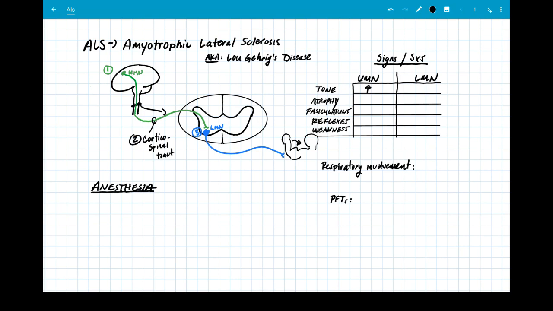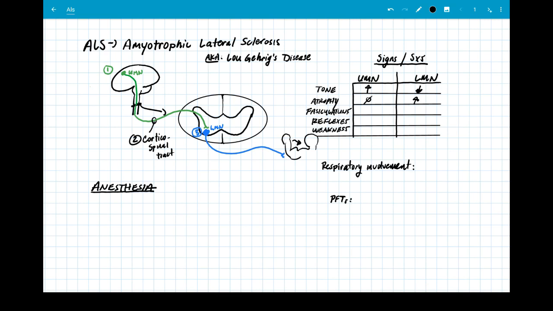With lower motor neuron, they have a decrease in tone. For atrophy, typically patients with upper motor neuron diseases do not have muscle atrophy because they're hypertonic, or they have a high tone. With lower motor neuron diseases, because they have a low tone, the muscles tend to atrophy.